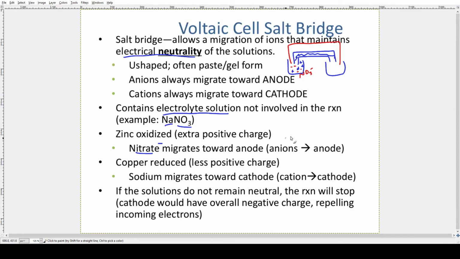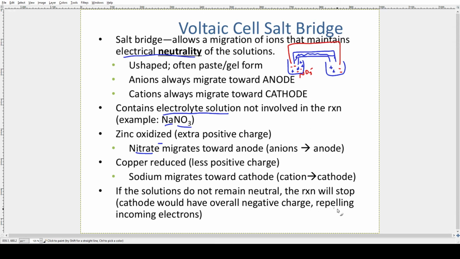And then copper over on the other end will be reduced, which means we're actually going to lose some of our positive charges. We'll just have not as much. And so sodium will come on down from that salt bridge and be like, I'm here to save the day. And it will add in more positives to balance out whatever negatives were already in that solution.